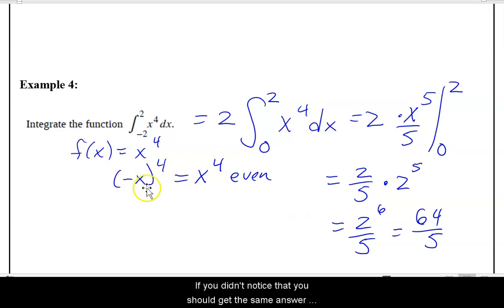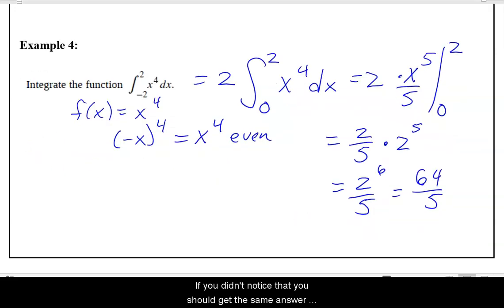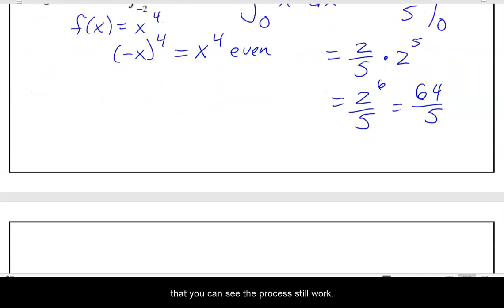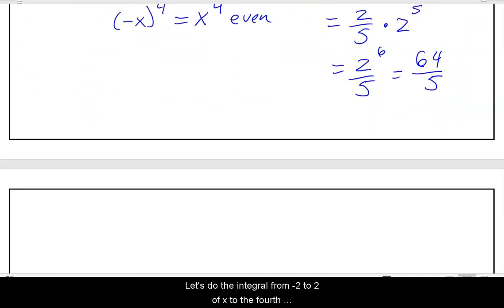If you didn't notice that, you should get the same answer as long as you do it correctly. Let's demonstrate that now in a different color so that you can see the process still works. Let's do the integral from negative 2 to 2 of x to the 4th, assuming we don't notice that it happens to be even.